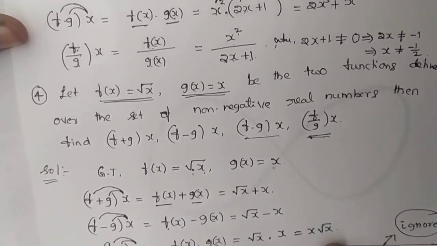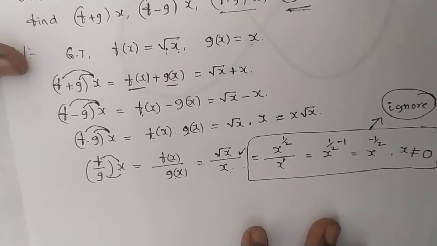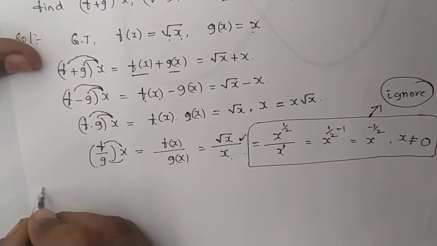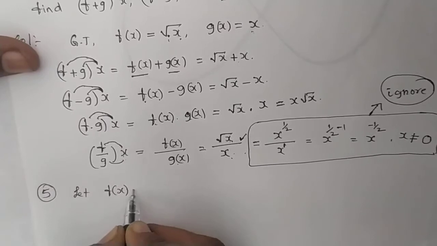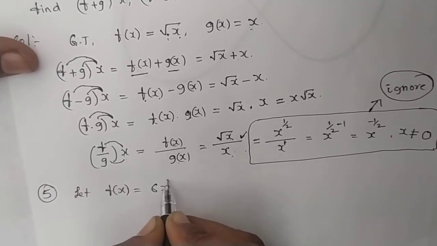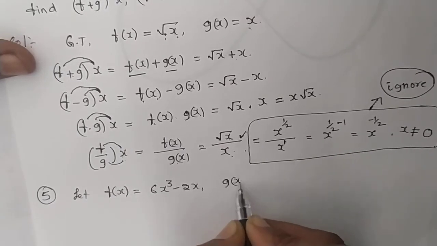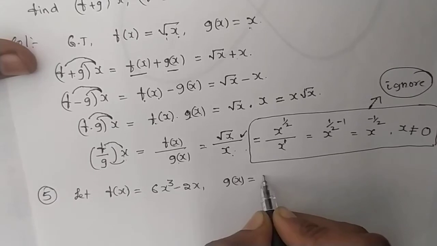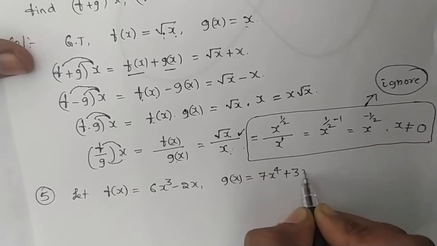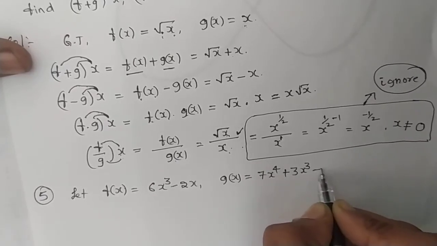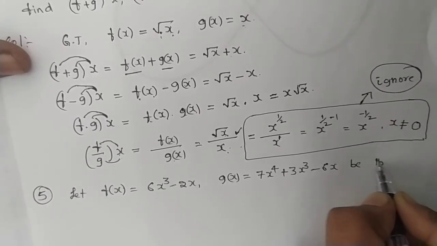One problem I will give as homework for you. You do that problem at your home. Fifth problem. Let f of x equals 6x cube minus 2x, and g of x equals 7x power 4 plus 3x cube minus 6x be the two functions.